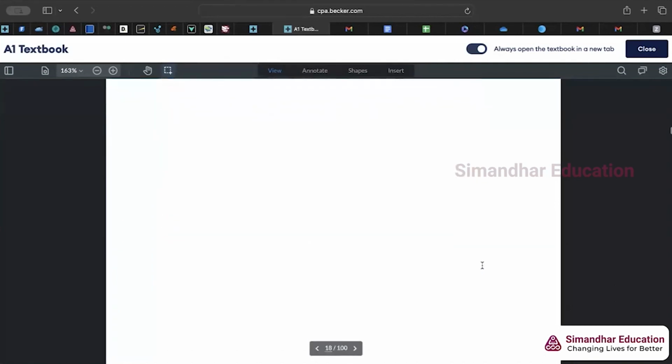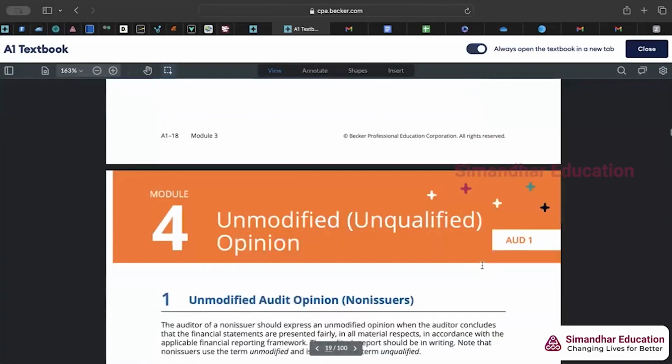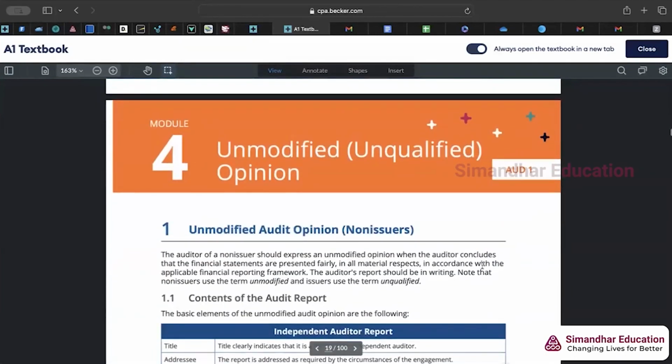Okay. Let's move on to the next chapter, where now we are going to talk about each opinion from each reporting unit point of view. If it's a non-issuer, if it's an issuer. How does the report look like? What are the contents of the report?